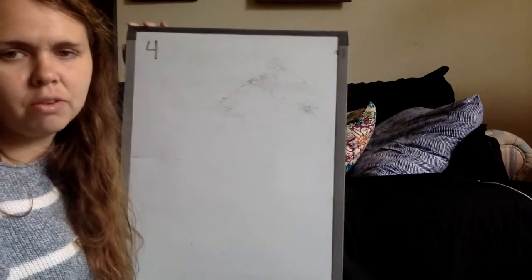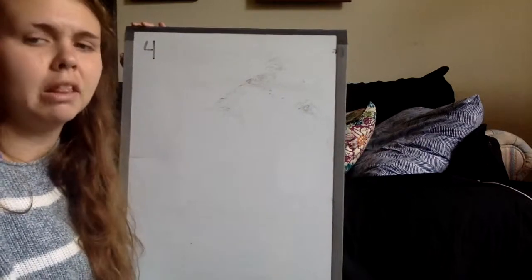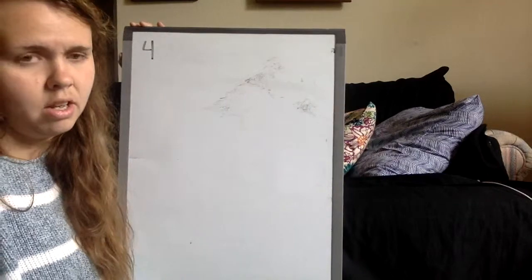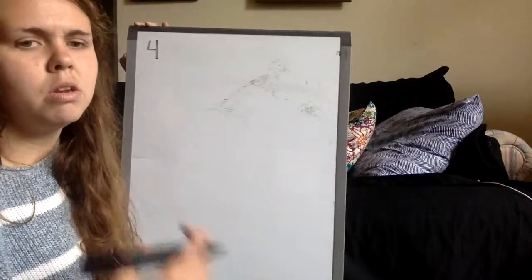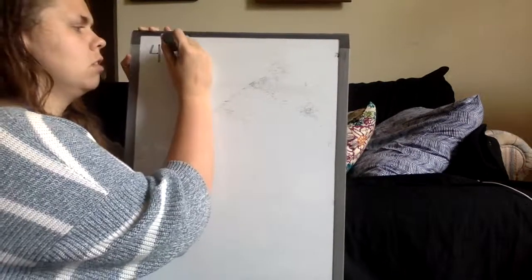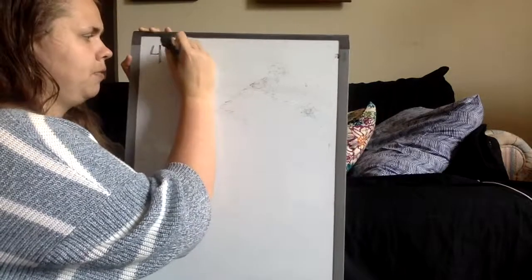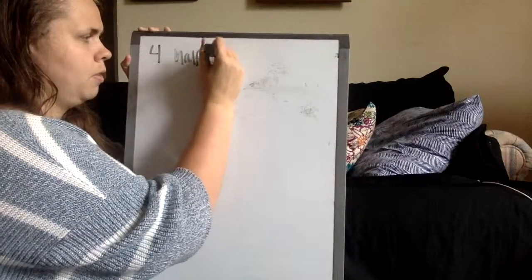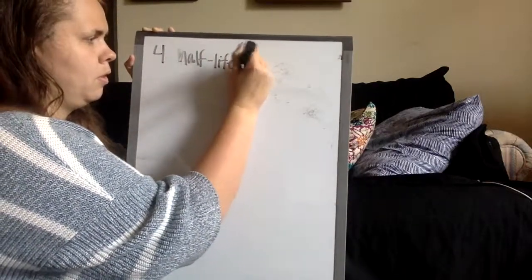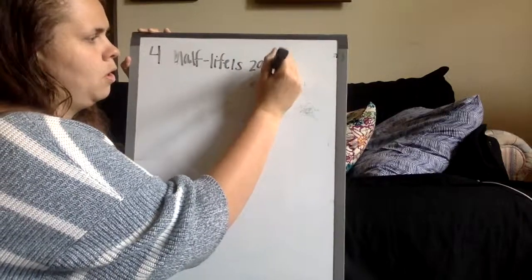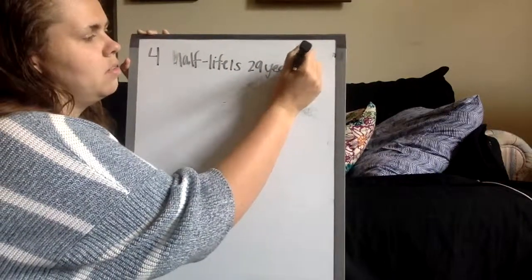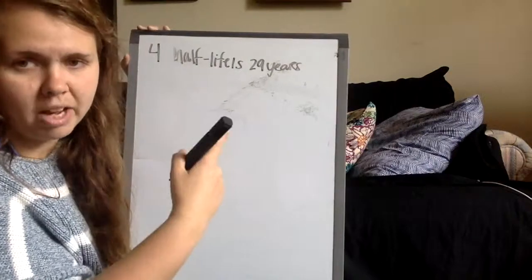So first things first, we need to figure out at what rate this substance is decreasing. So we're going to start with the fact that we know the half-life is 29 years. We don't have to be given any other information than this to find the rate.